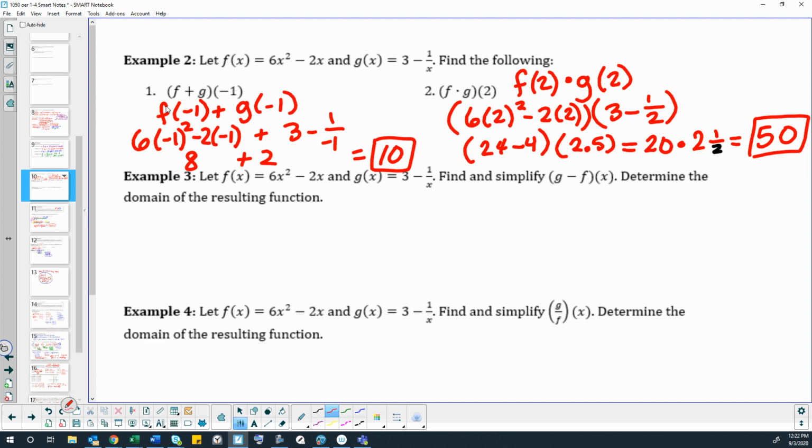What three things do we talk about that can affect the domain that we need to watch? Square roots, fractions, logarithms. Good.